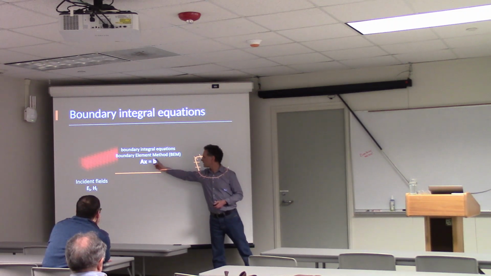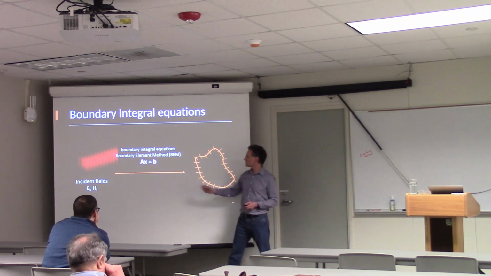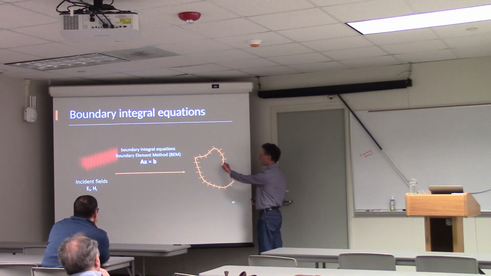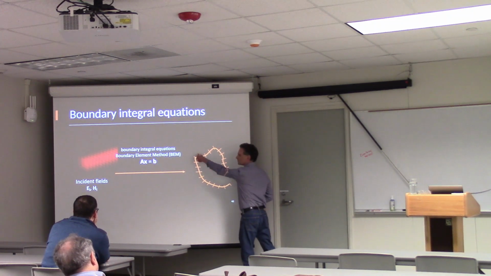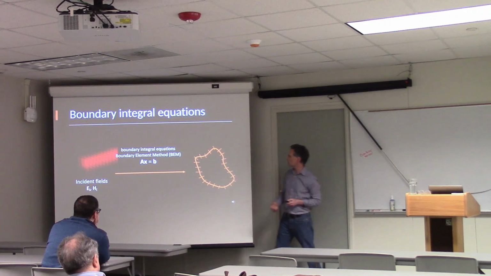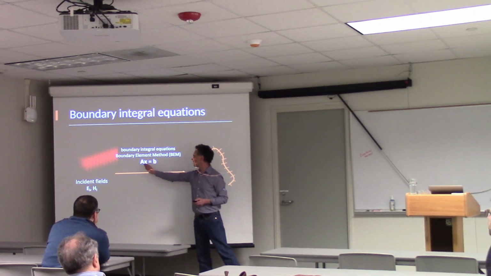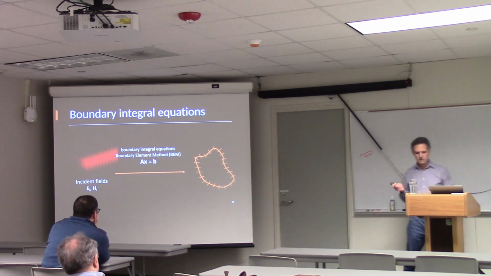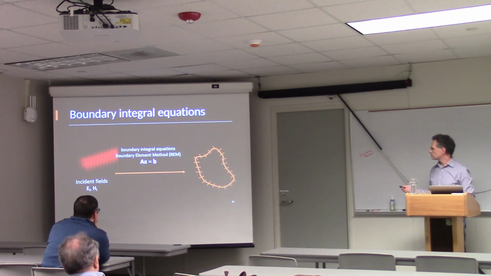The right-hand side is related to the incident fields, and the matrix entries tell me how much a current here influences the field somewhere else. This whole thing says that the fields generated by the currents satisfy the boundary condition, and you end up with something you can solve.